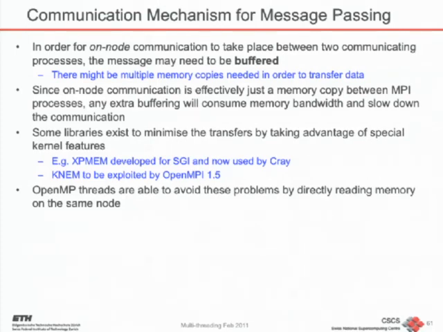This is an extra layer which allows you to almost bypass the kernel by saying, I want these things to be able to share where they can see, so I can drag the copy across in one go. You still have to do a copy, but it reduces the extra copies that the buffering would normally do. But OpenMP threads get around that altogether anyway. They can just read your data. I don't need to copy it somewhere before reading it.